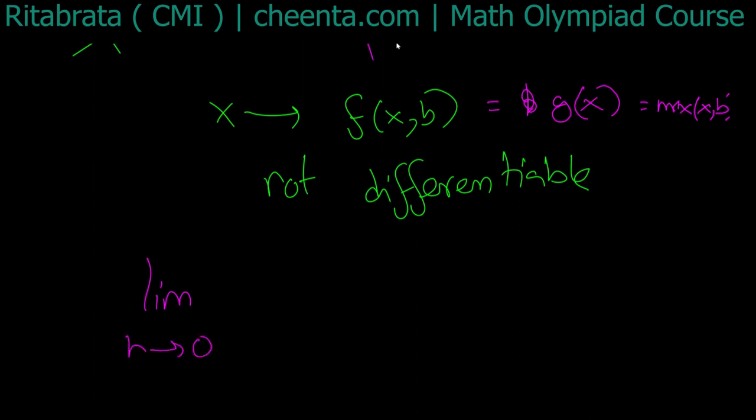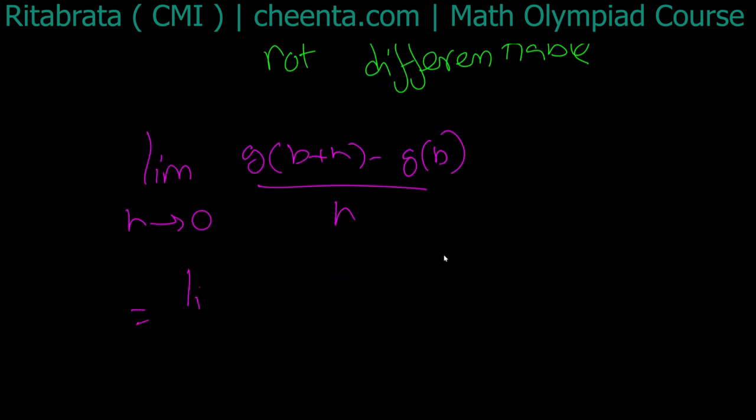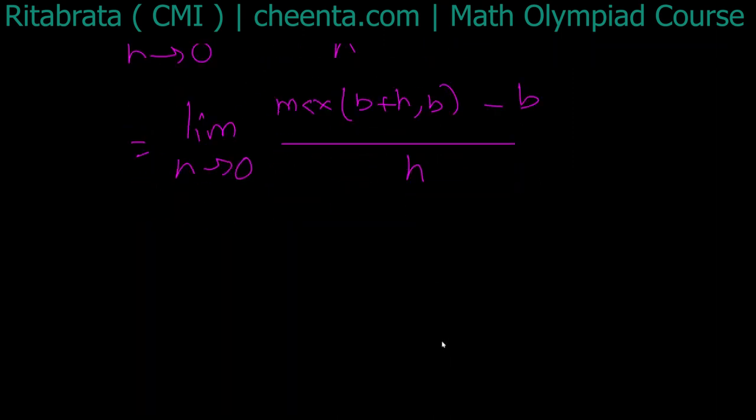Its derivative should be the limit as h tends to 0 of (g of b plus h minus g of b) divided by h. And this is the limit as h tends to 0 of (the maximum of b plus h and b, minus the maximum of b and b, that is b) divided by h. Now you make two cases.